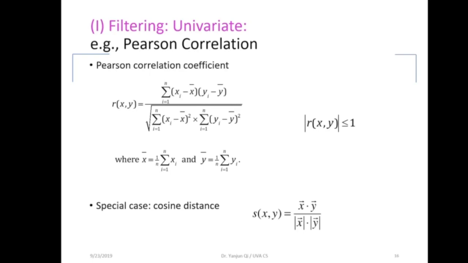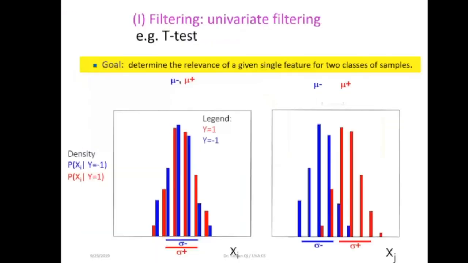That's very popular, and there should be more discussion about why cosine is a good measure, but I'm going to leave that for offline discussions. All right, so that's Pearson correlation.